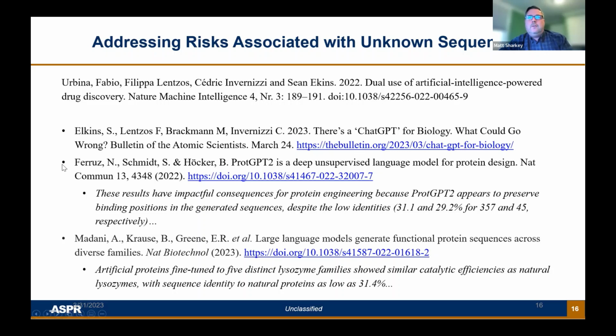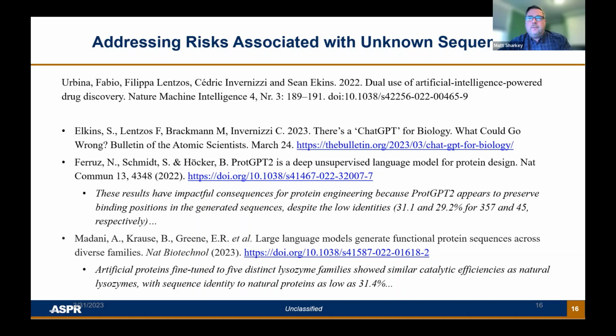it points to two articles published in 2022 on deep language models for protein design, which themselves have published results that they are able to make functional proteins or regenerate the functions of natural proteins with extremely low identity in protein sequence to those proteins themselves.